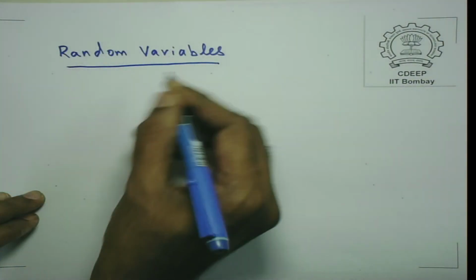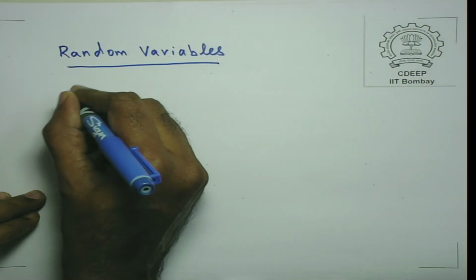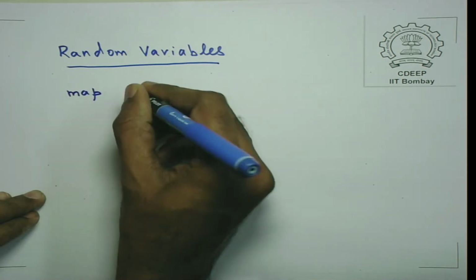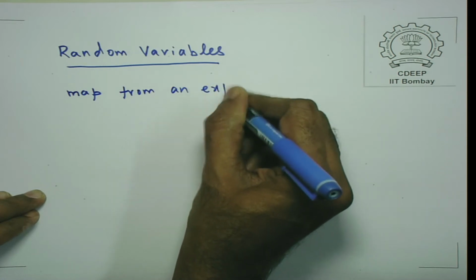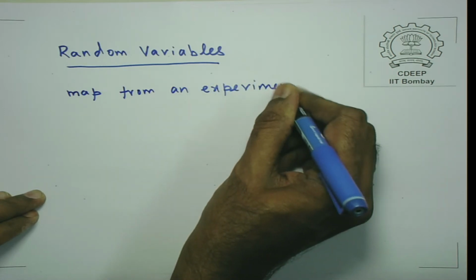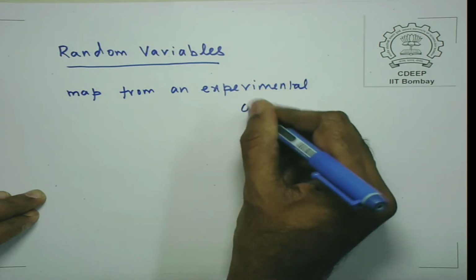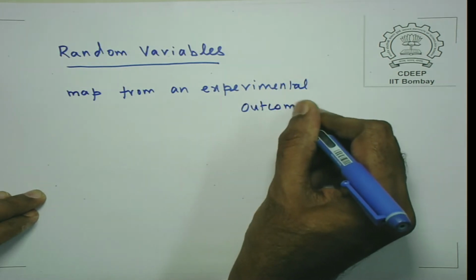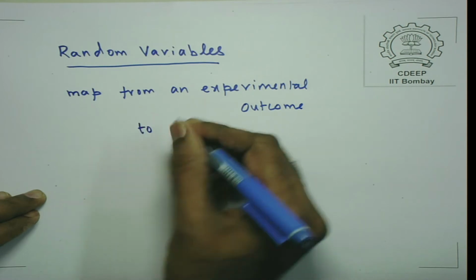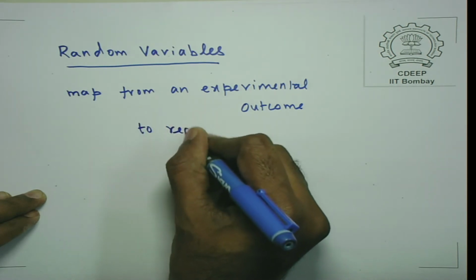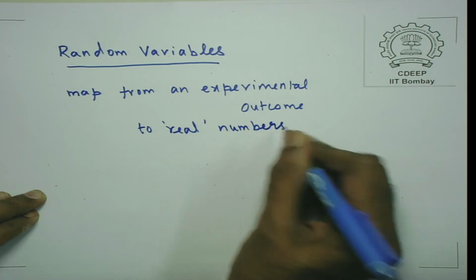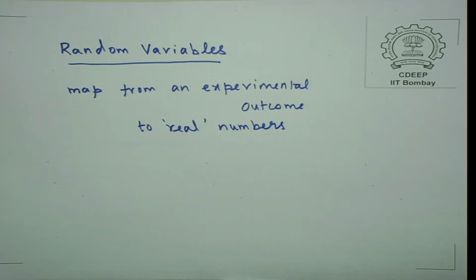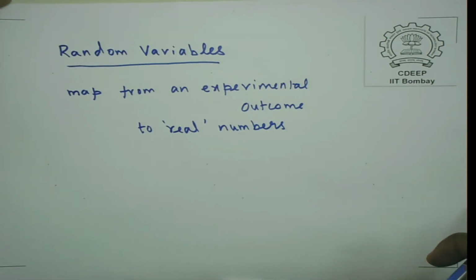As we know, random variables can be thought as something which map from an experimental outcome to some real numbers. Of course, this could be also complex, but depending on what experiments we consider and how we treat these random variables.